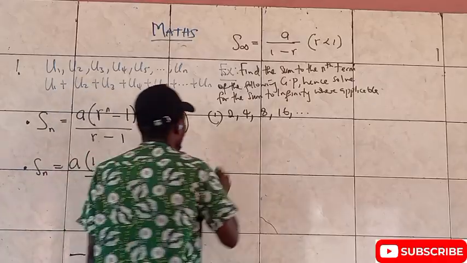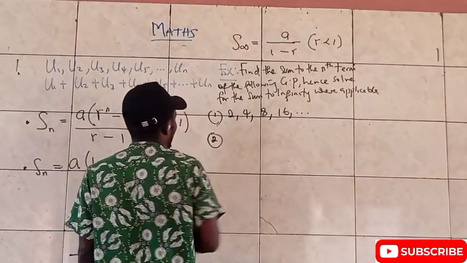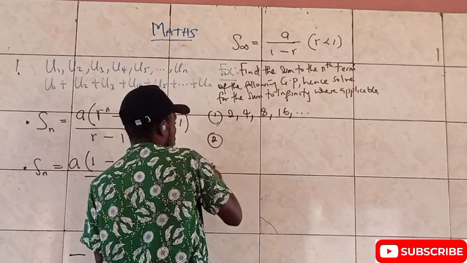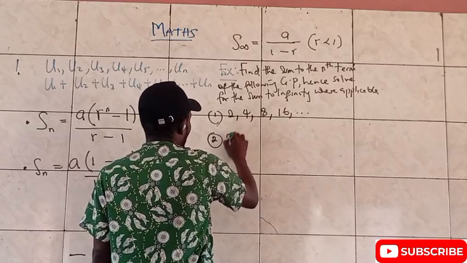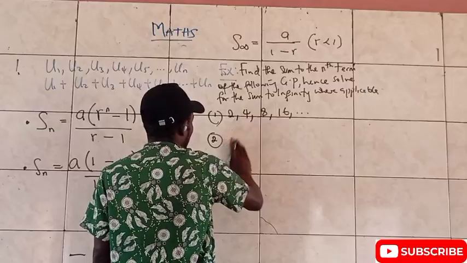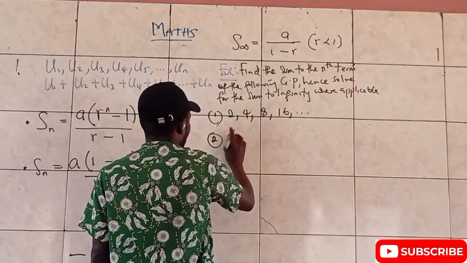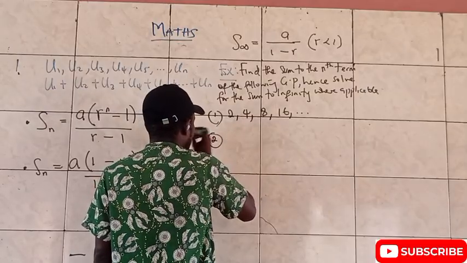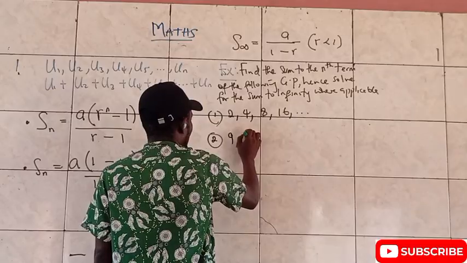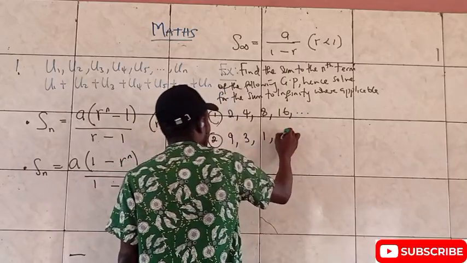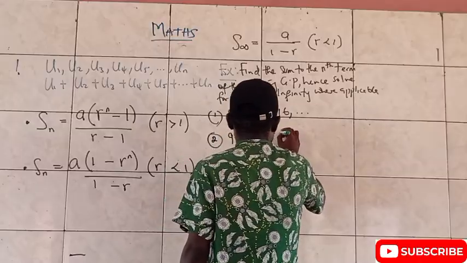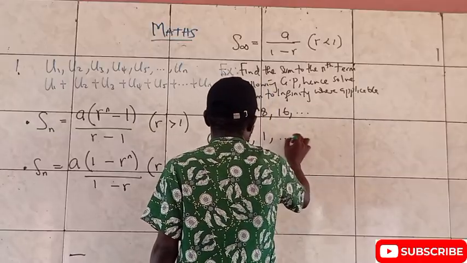I'm going to give one more example. That's going to be your own classwork to see how far you're doing. Let's say we have 9, 3, 1, and it goes on and on.